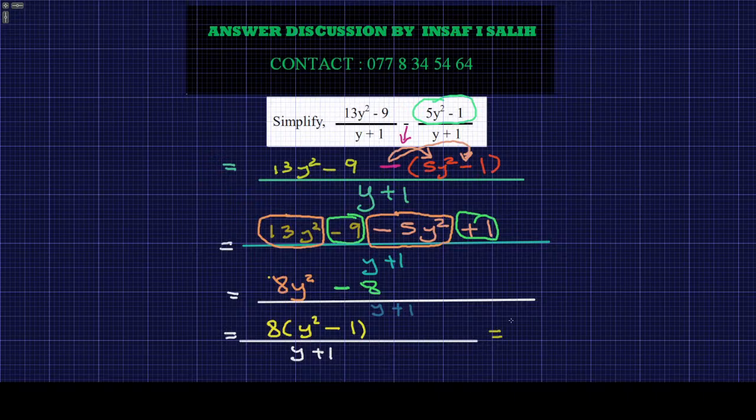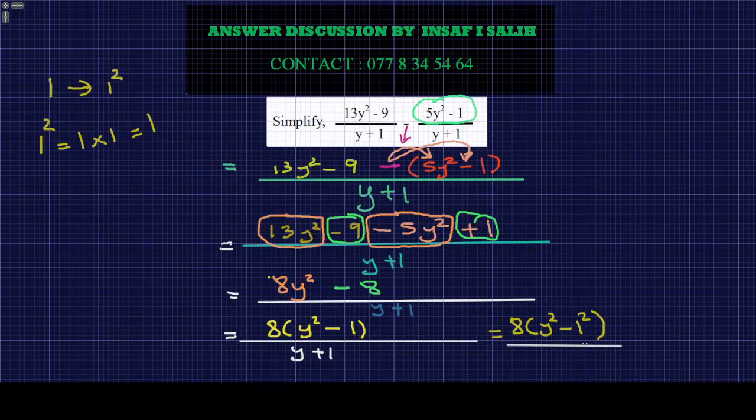But we can write y squared minus 1. 1 can be written as what? 1 squared. Because what is 1 squared? 1 squared is 1 times 1. What is 1 times 1? 1. So 1 can be written as 1 squared. So y squared minus 1 squared, divided by y plus 1.